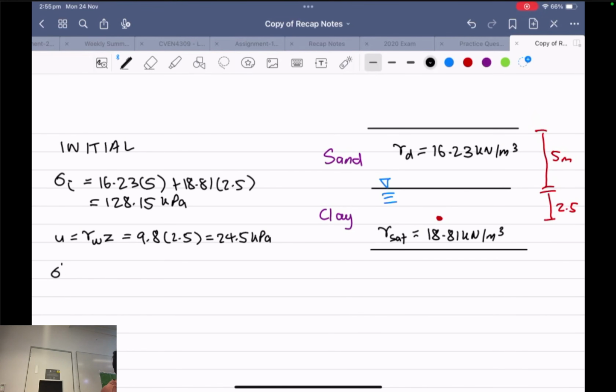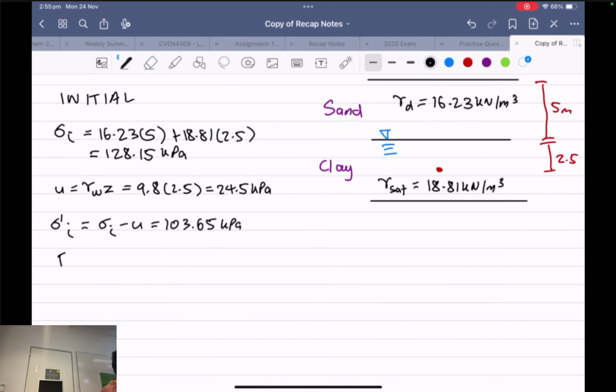So your effective stress is equal to sigma I minus U, which is 103.65. Alright? And for your final, we have to use the change in stress that we calculated using the 2-to-1 method.